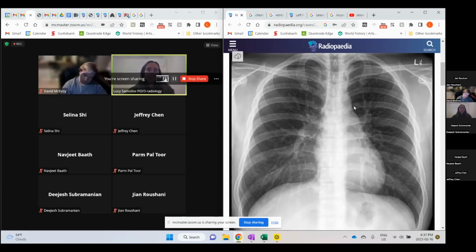So do your best on all your rotations to take a stab at reading it yourself, because you will improve. As long as you keep doing the systematic approach again and again, you'll get better and better. And it's a really useful skill to have, whether or not you go into radiology.